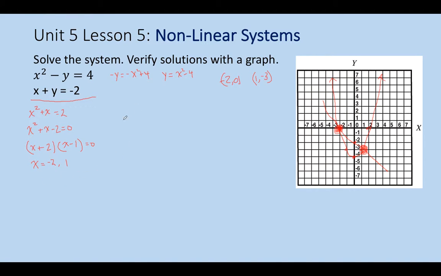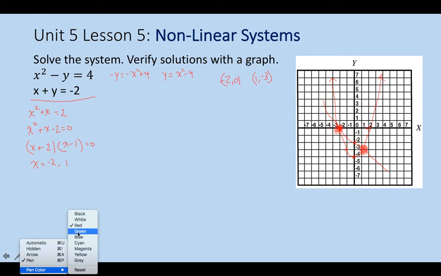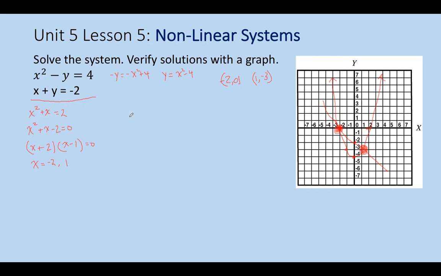I'm going to pick the bottom one, and I'll change colors since we're headed to a different idea. When x equals negative 2, negative 2 plus y equals negative 2. Add 2 to both sides, and I get y equals 0. When x equals 1, I plug 1 in, 1 plus y equals negative 2.